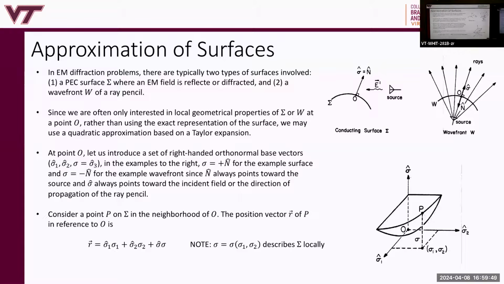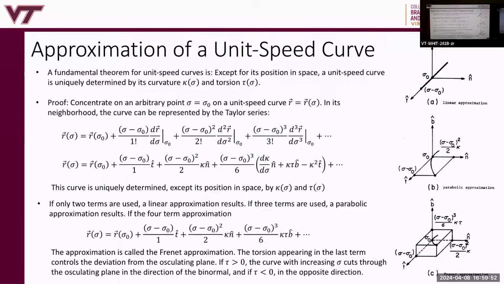Second order was in plane, so it only had kappa and sigma, right? Third order came up out of the plane, so it's not a planar curve anymore, so it has torsion, so we needed the torsion, right? From the Frenet-Serret.